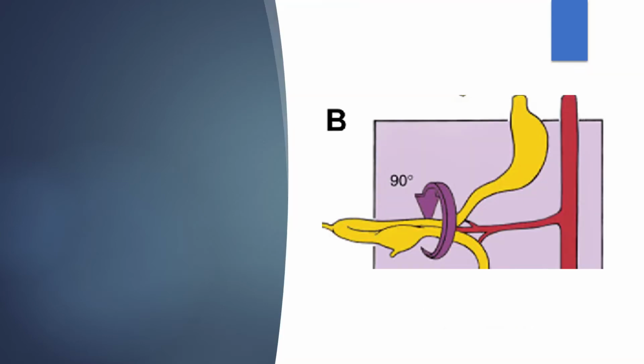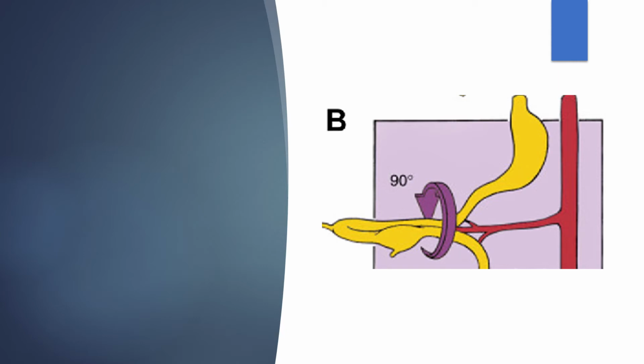Now, this development of midgut occurs by means of three stages. Now we'll see the first stage. Initially it is a straight tube, then it forms a U-shaped loop. Then now the rotation is going to occur.